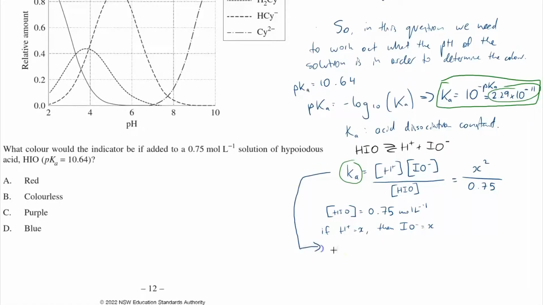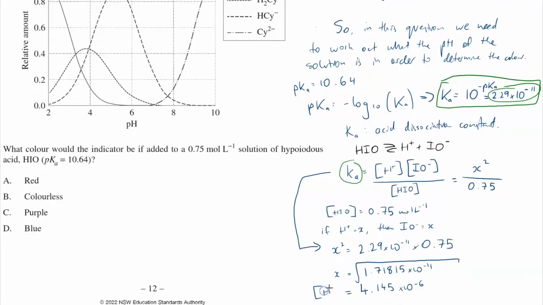Taking this down to solve, we can say X squared is equal to 2.29 times 10 to the negative 11 multiplied by 0.75. Therefore, X is equal to the square root of 1.71815 times 10 to the negative 11, which gives us 4.145 times 10 to the negative 6. This is our hydrogen ion concentration.